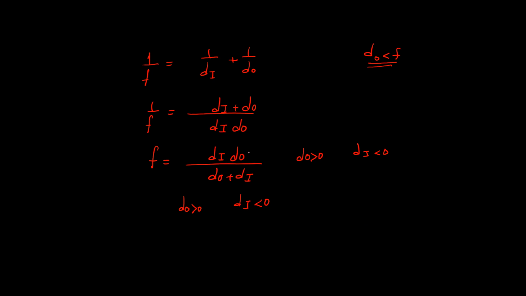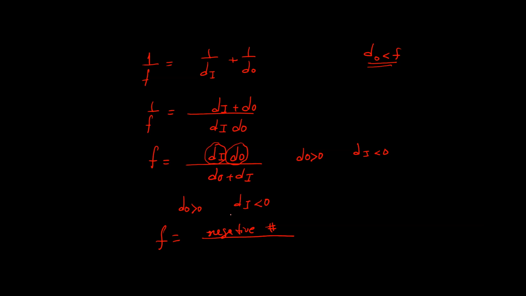The top has already been established to be negative because DI is negative and I'm multiplying it by a positive number. So the top is negative. So F equals some negative number over DO plus DI. Now DO is positive and DI is negative. So basically I'm subtracting two numbers here.